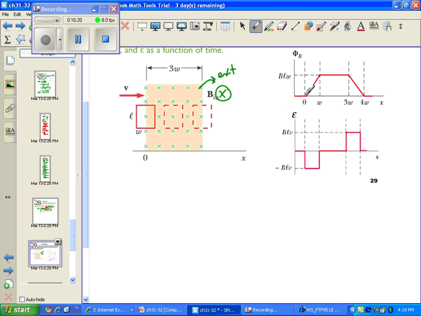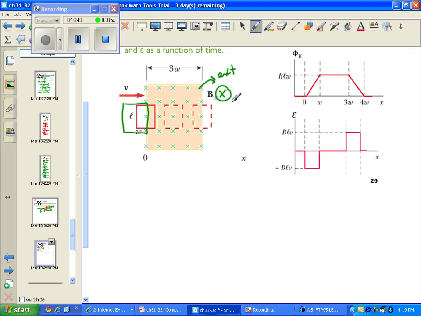And what we have here, the 0 corresponds to the right-hand part of this loop. So before this loop ever enters the region of the magnetic field, you see there's no flux that cuts through because there's no line. Let me just take it back, where this happens to be the loop. It has not even entered the field yet. So no flux, no EMF.